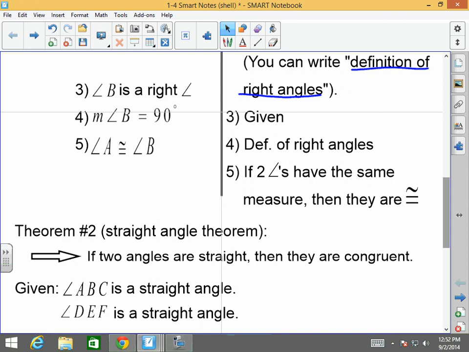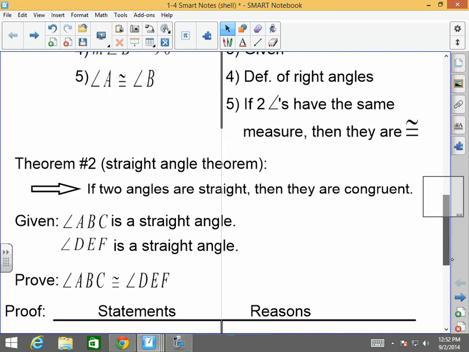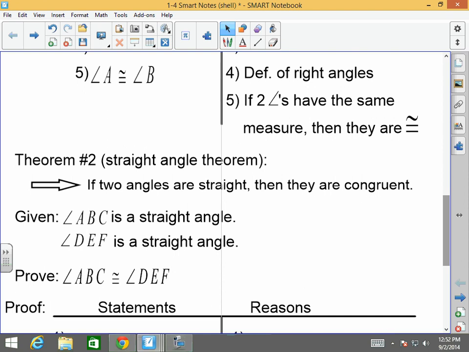If two angles are straight angles, then they are congruent. Okay? Well, we'll get to it now in the proof. Two angles are straight angles, then they are congruent. Does it make sense? Okay.